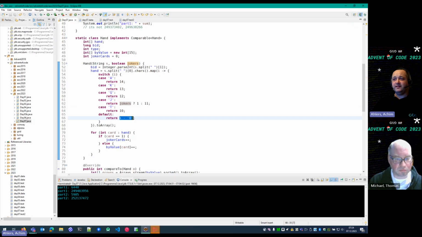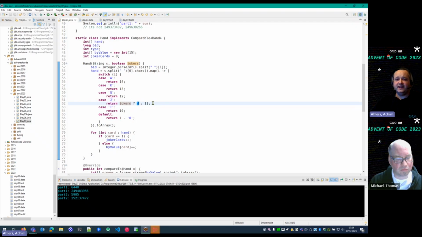This maps the 2s to 9s to values 2 to 9, taking advantage of how the ASCII code is organized. The 10s are 10, obviously. The jacks are 11, the queens are 12, the kings are 13, and the aces are 14. And for part 2, the jacks become jokers and so are reduced to 1.